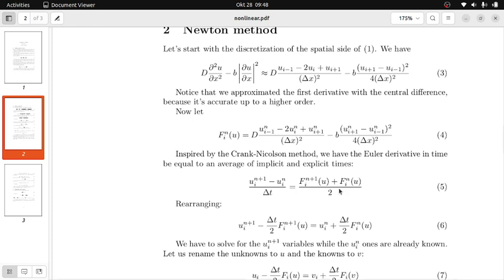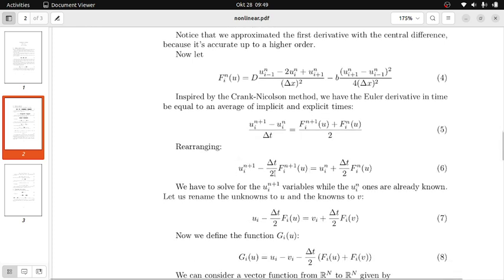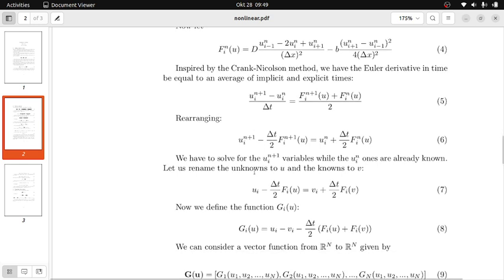Cool. If we rearrange, we would have u_i^{n+1} minus delta t divided by 2 f_i^{n+1}(u) equals u_i^n plus delta t divided by 2 f_i^n(u). The idea here is that the variables at time step n are known, and the variables at time step n plus 1 are unknown. To clean up the notation, the text actually calls the variables at n plus 1 u and the variables at n v.